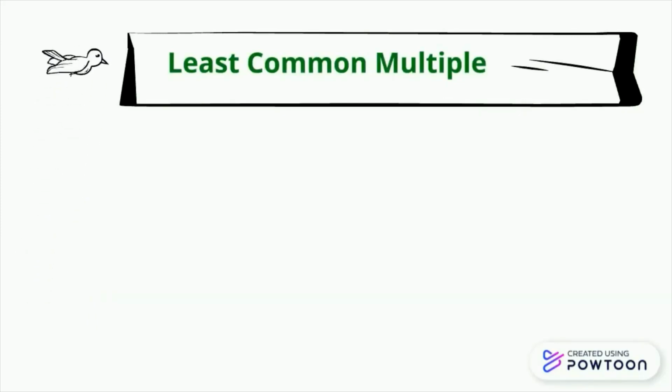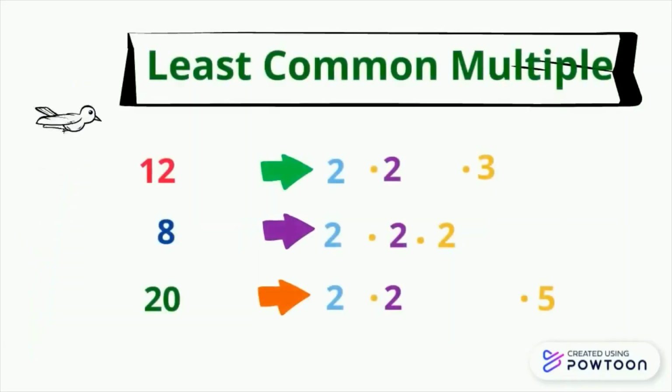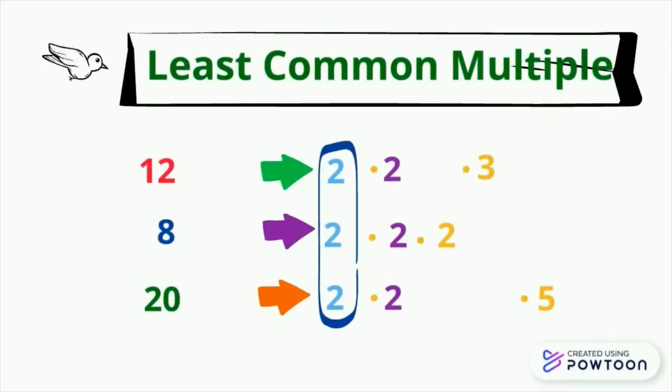The prime factors of 12 are 2, 2, and 3. Of 8 are 2 times 2 times 2. Of 20 are 2 times 2 times 5. To find the LCM, in the first set of 2's, consider that as 1.